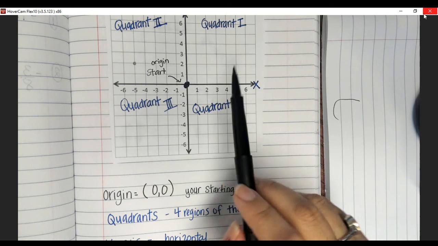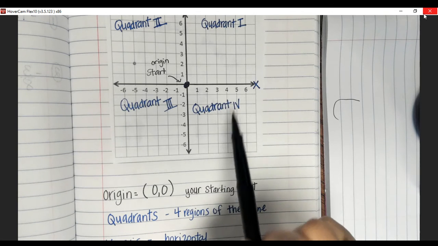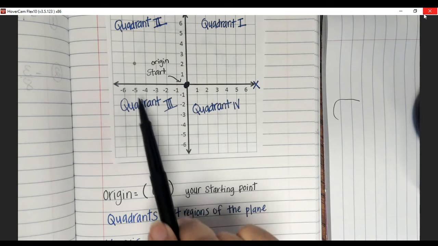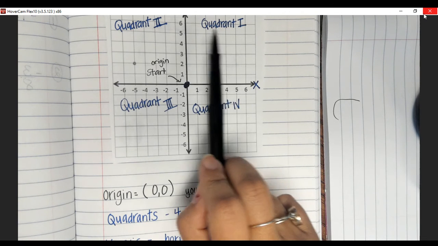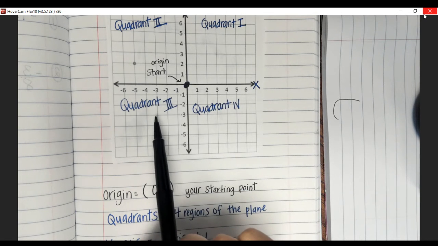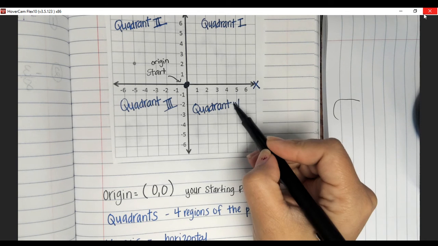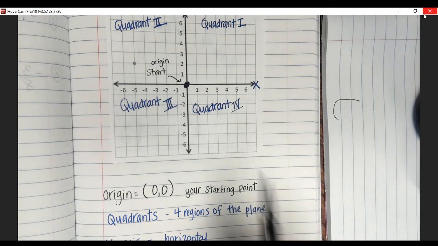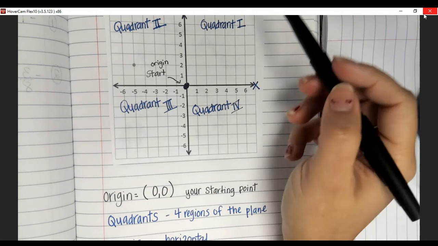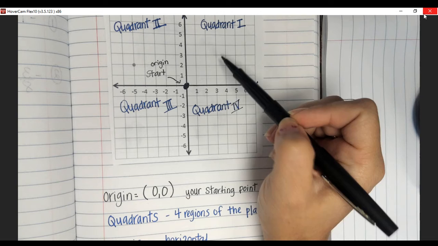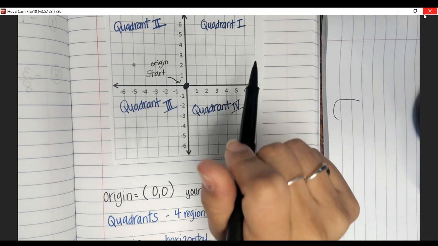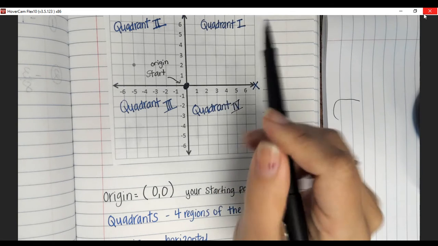One of the things you'll notice is that your coordinate plane is broken into 4 different quadrants, and it goes counterclockwise. So we have quadrant 1, quadrant 2, quadrant 3, and quadrant 4. And those are written in Roman numerals. Quadrant 1 is made up of a positive X and a positive Y number.